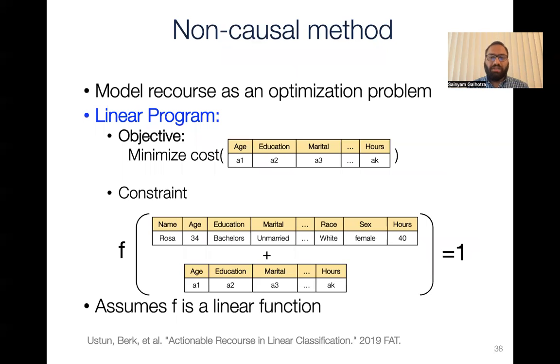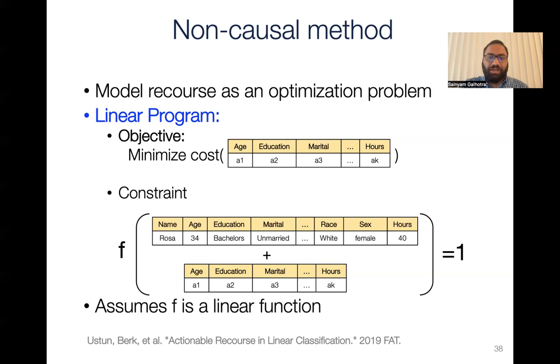This approach models the problem as an optimization problem and writes a linear program to solve it. It considers the changes in feature values with parameters a1 to ak as shown here. And it writes the objective function of the linear program, which is to minimize the cost of changes, and writes the constraint that the classifier outcome for the input characterized by original input plus the change vector is favorable.